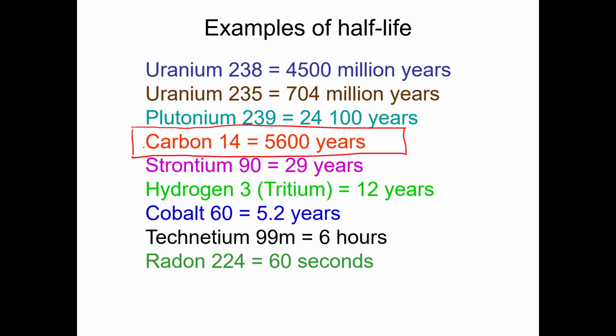It simply means that for the number of radioactive atoms in the carbon-14 isotope to reduce by half, the time taken must be 5,600 years. That is what half-life means.